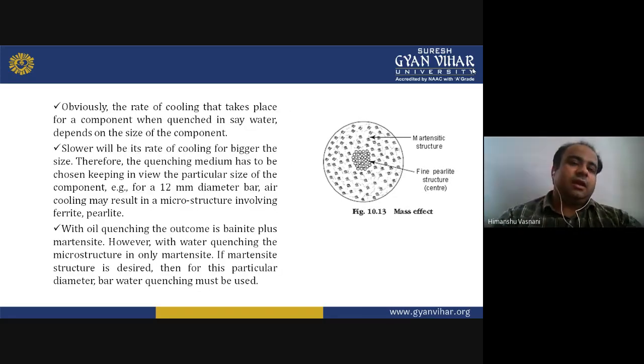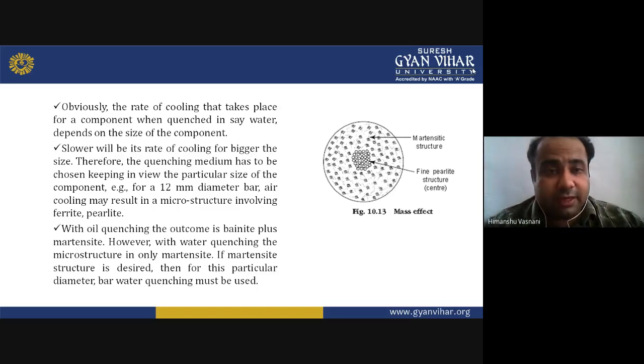Now, obviously, the rate of cooling that takes place for a component when quenched in water depends on the size of the component. The bigger the size, the slower its rate of cooling, and therefore the quenching medium has to be chosen keeping in view the particular size of the component.